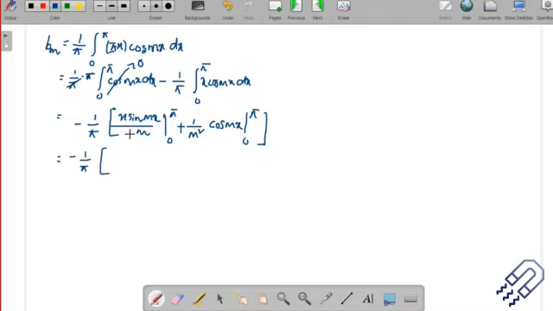So this should be 0, and this is 1 by m square into cos of pi x minus 1, right? Cos of 0 is 1. So we can write it as minus 1 divided by pi m square, and this is cos of pi x.